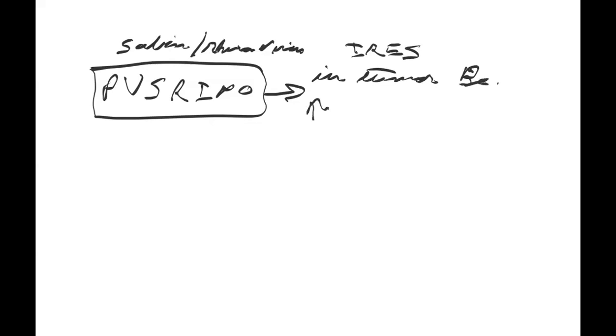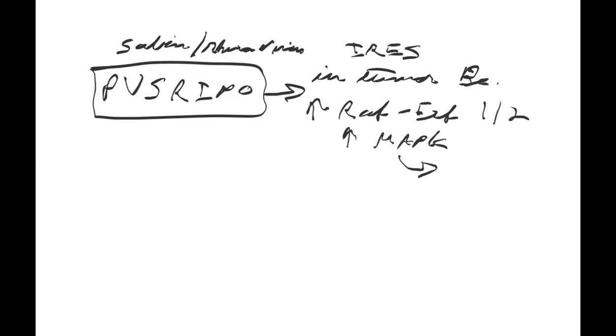Tumor cells have an increased RAF 1 and 2, an increase in the MAPK. And because of that, it will allow for ribosomal recruitment.